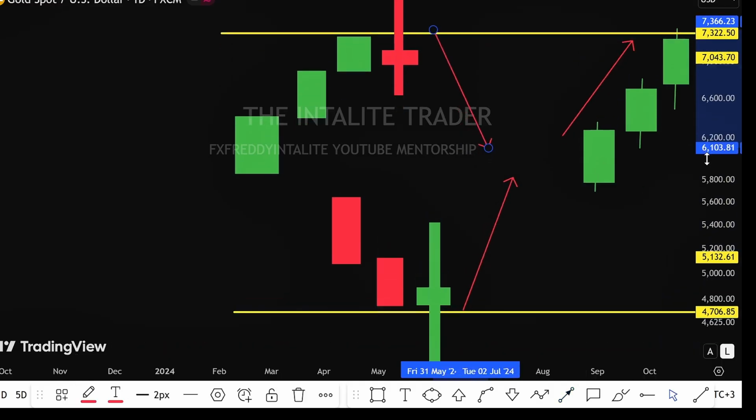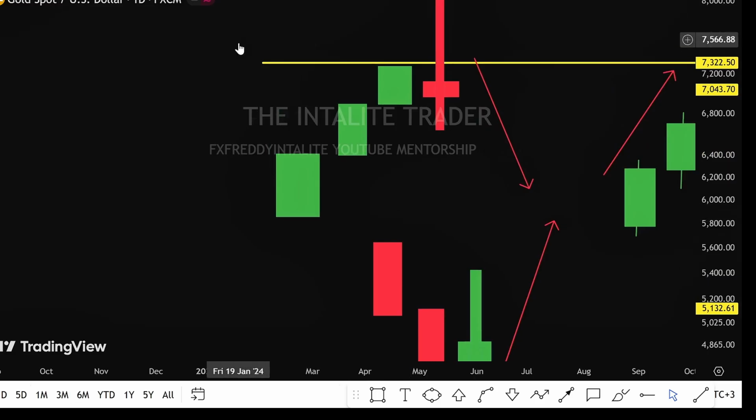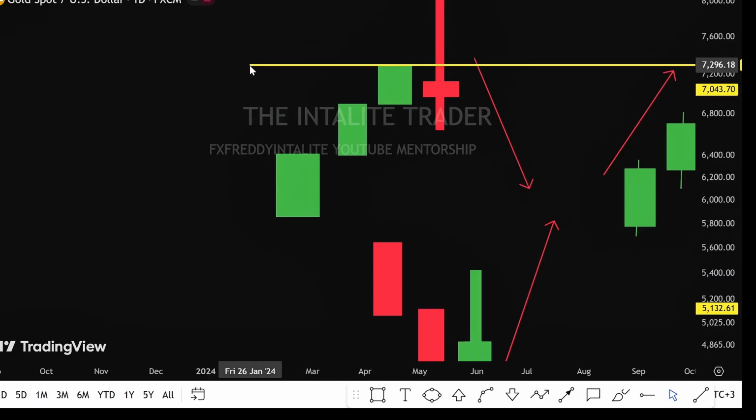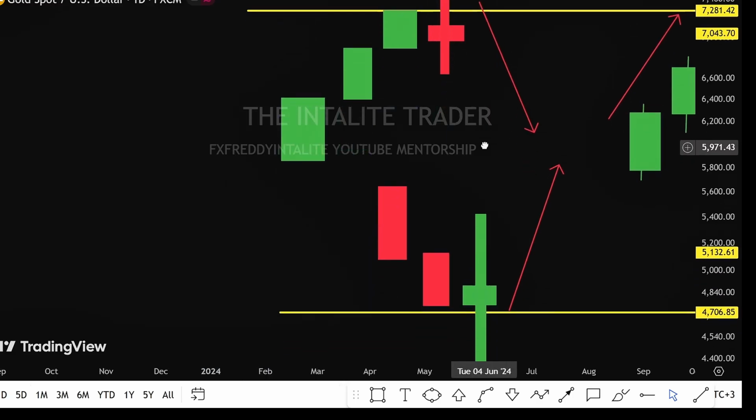So these, we call them long wick candles, and we want to see them form on a key level. Let's say this is a monthly level or a weekly level. You look at price action which is taking place and you make a trading decision.